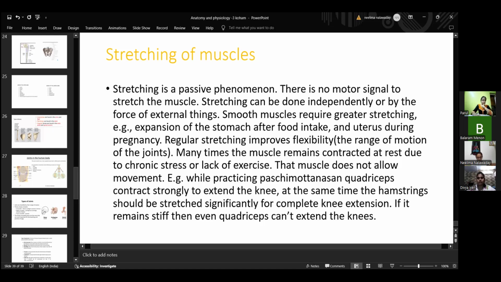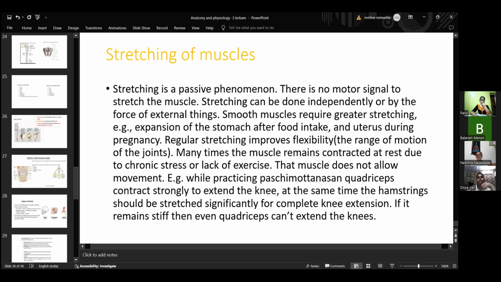Then spasm is also an involuntary contraction. Suddenly it happens, muscle spasm. For example, muscle cramps, muscle spasm, we generally experience in the stomach.